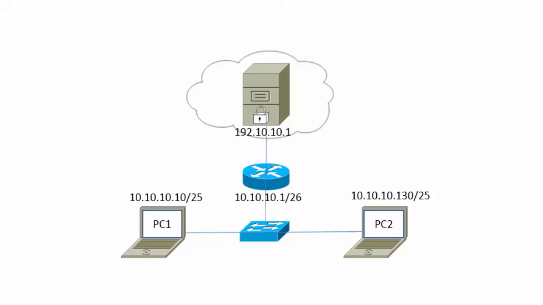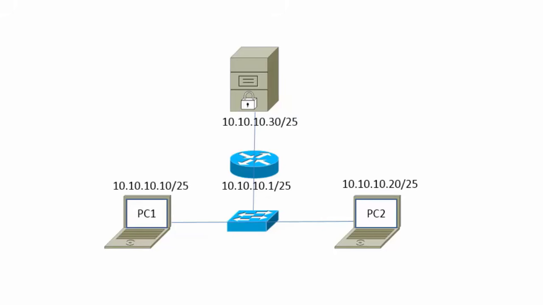As you can see, PC1 and PC2 aren't even on the same subnet. PC1 is on a /25, which takes up IP addresses from 0 to 127, and then PC2 is on a /25, which takes up IP addresses from 128 to 255. That being said, both of them have a /25 subnet. The default gateway is a /26. So there's going to be communication issues all around. So those are your two issues for this one.